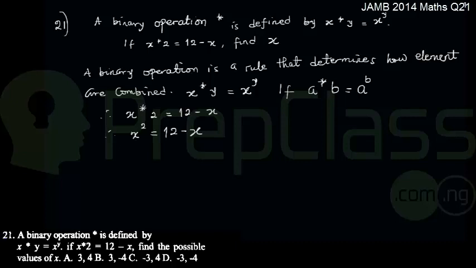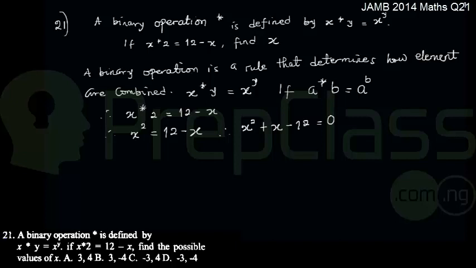This is looking like a quadratic function. So let's rearrange the terms. Let's take all the terms on the right hand side, 12 and minus x, over to the left hand side. So I would have x squared, plus x, minus 12, equal to 0.